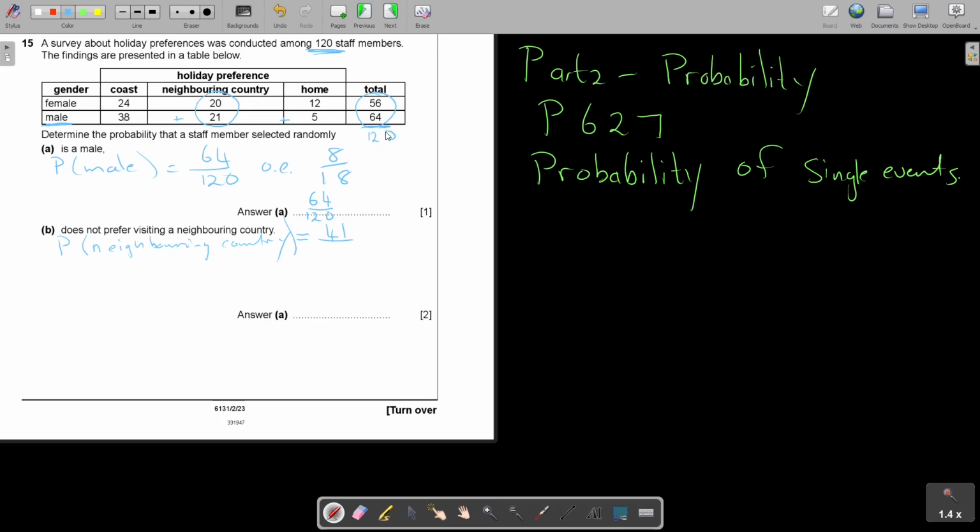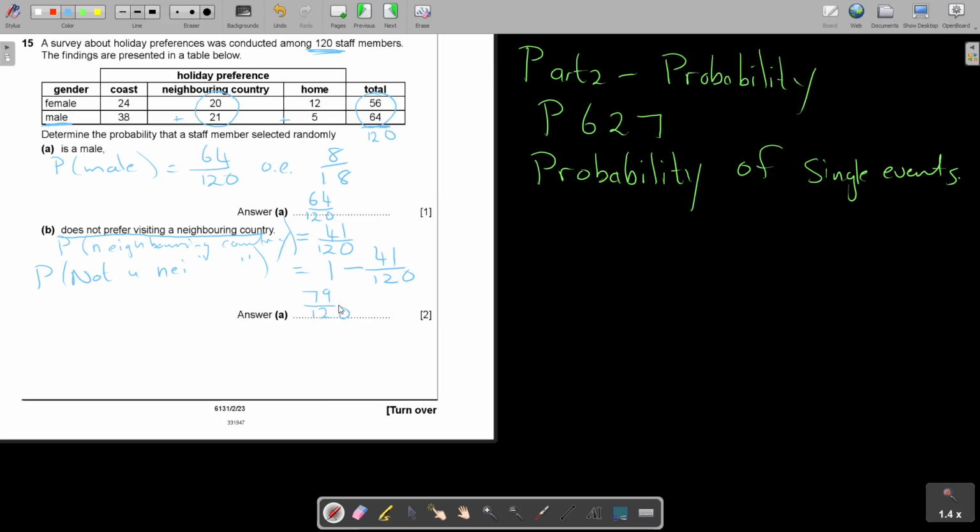But what you can do is you can say not a neighboring, because does not prefer visiting. That's the probability for a neighboring country. Okay, but not a neighboring country will be a certainty minus the 41 over the 120, and that will be 79 over 120.